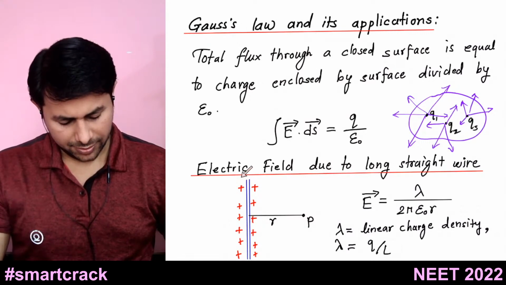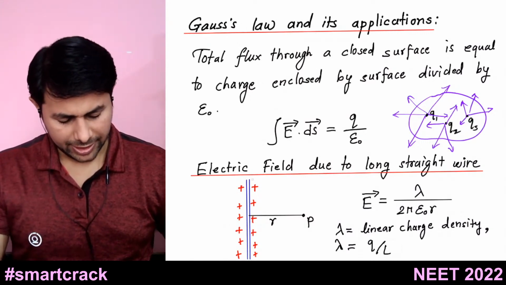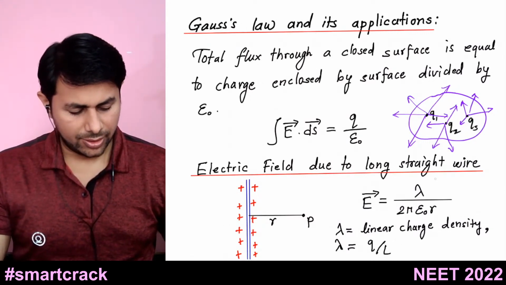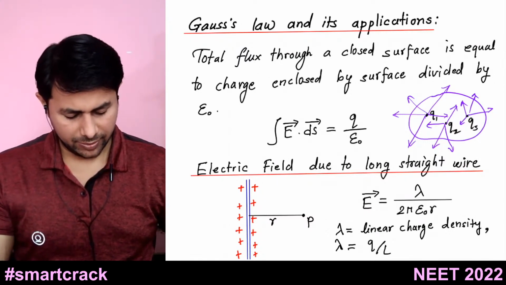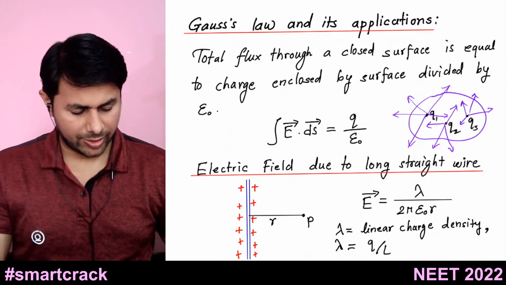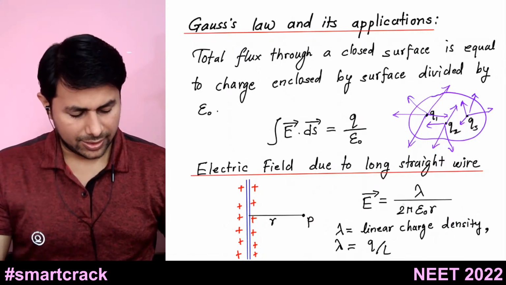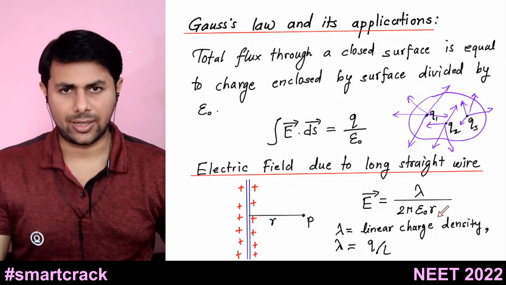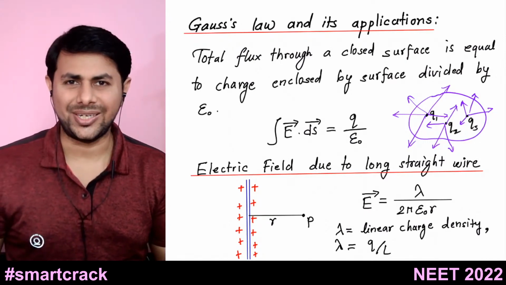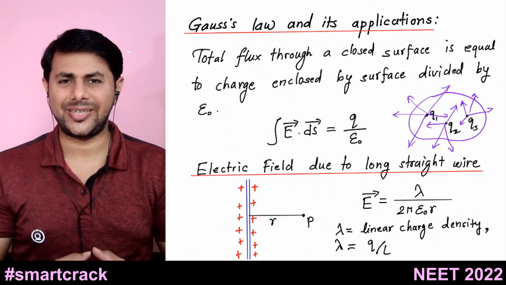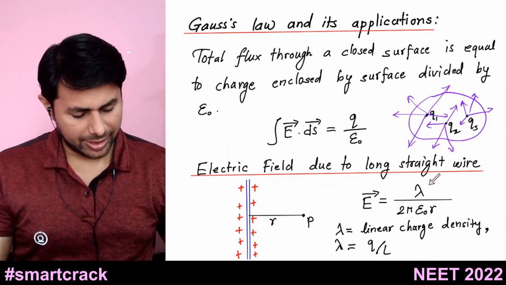The first application is the electric field due to a long straight wire. You have a long straight wire, and the electric field due to that wire is given by lambda divided by 2 pi epsilon naught r. You find this using Gauss's law. We have seen the derivation, and it doesn't matter now what the derivation is, but we have to memorize this formula.